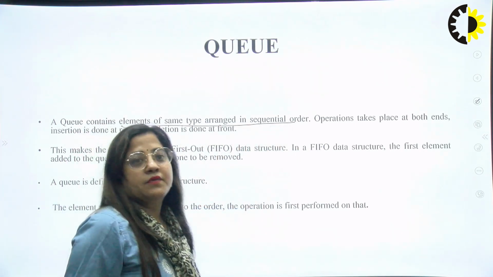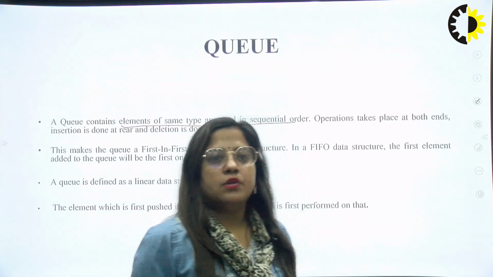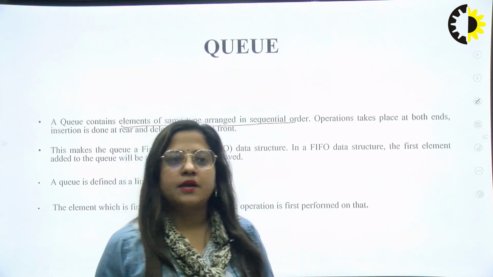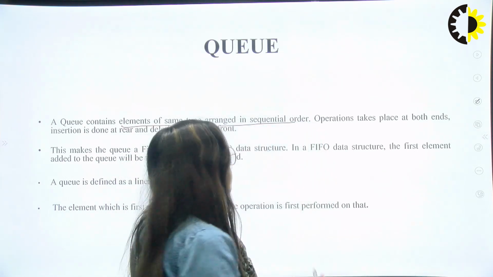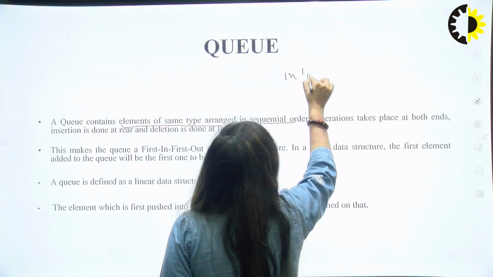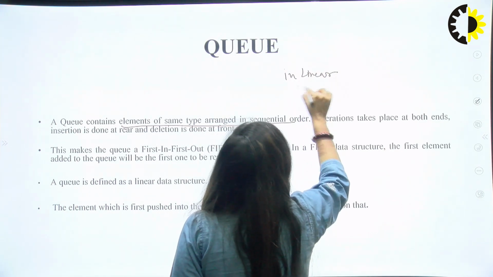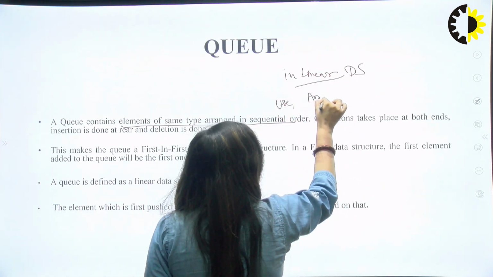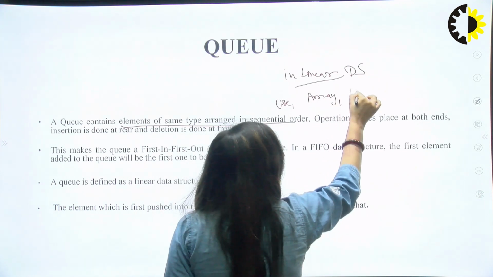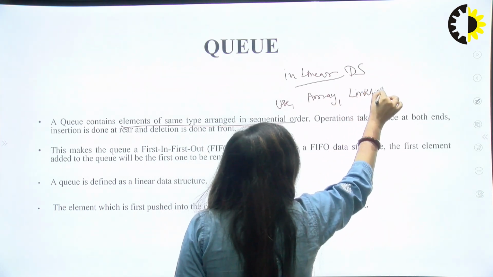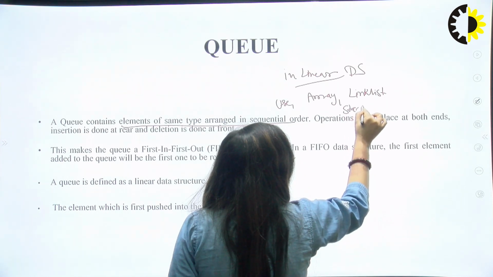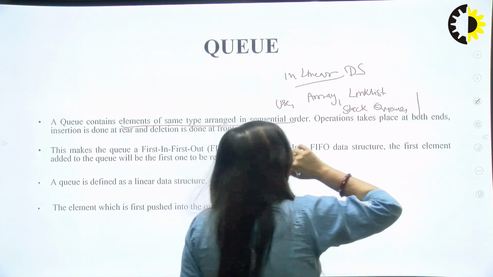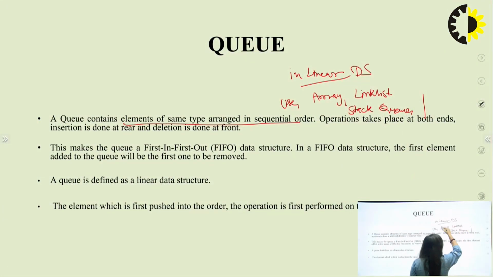In my previous lecture, I discussed that data structures are divided into two parts. First one is linear and second one is non-linear. In linear data structure, we use array, linked list, stack, queue.